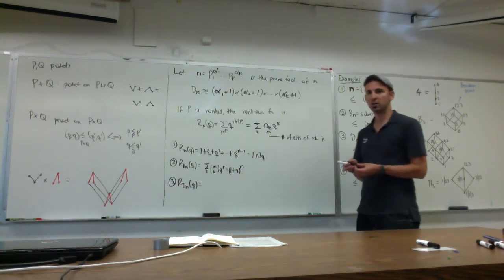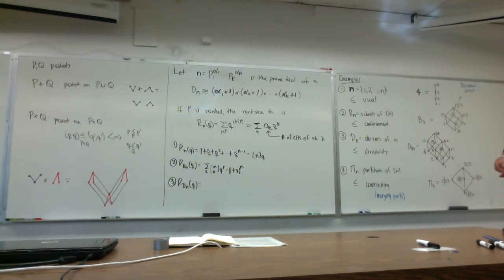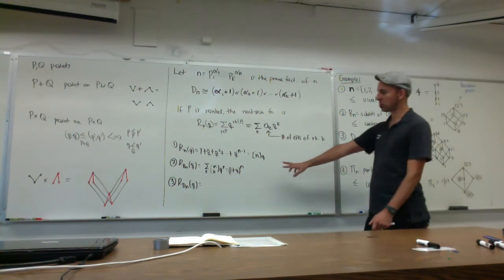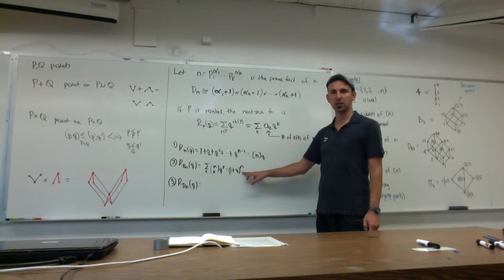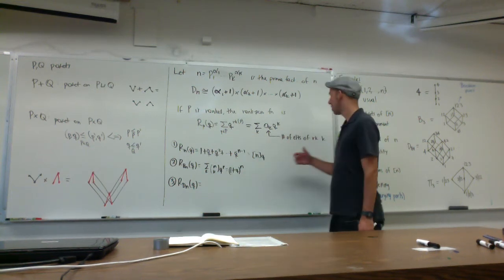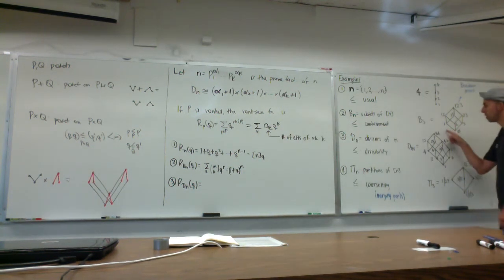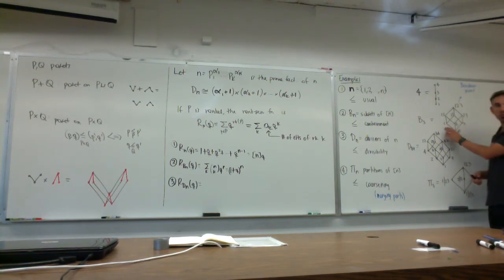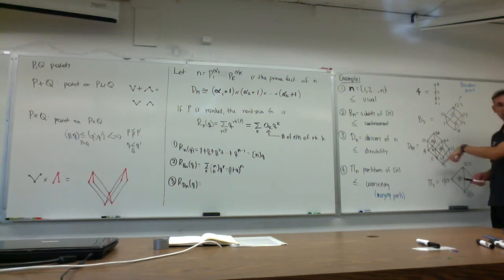What about this one? Well, let me show you one explanation of this (1 plus q) to the n. This Boolean poset is the product of n chains. Right? The chain from empty to 1, the chain from empty to 2, the chain from empty to 3, in the same way that I argued about the divisors.